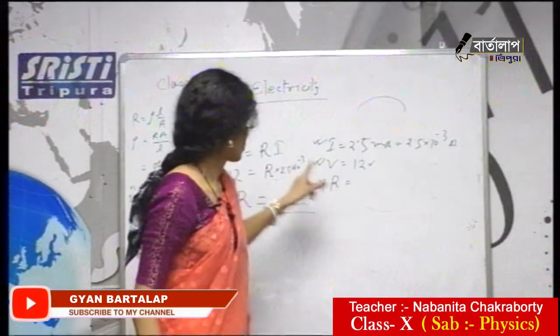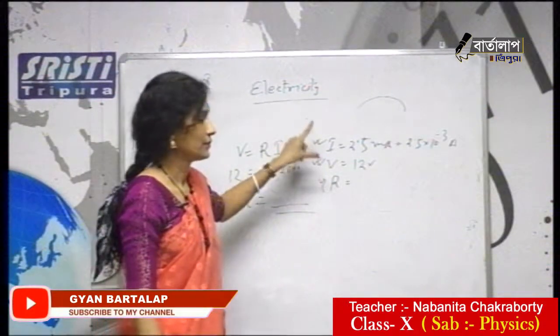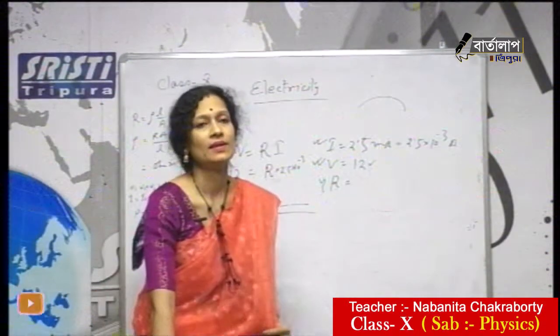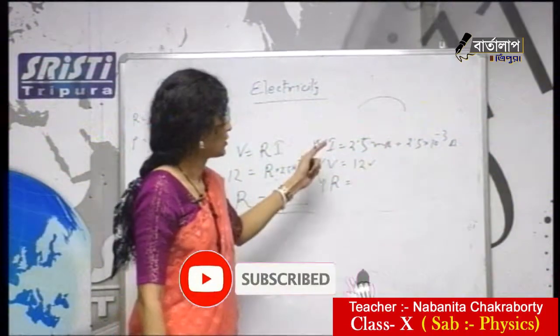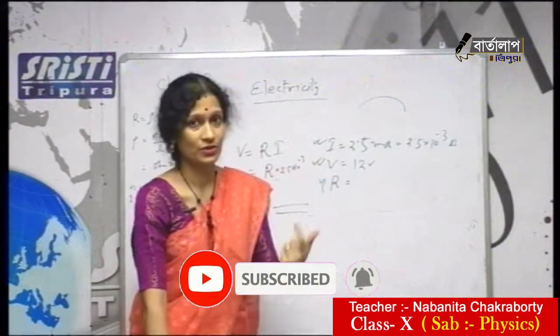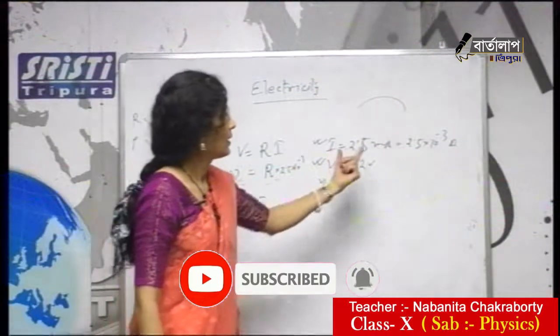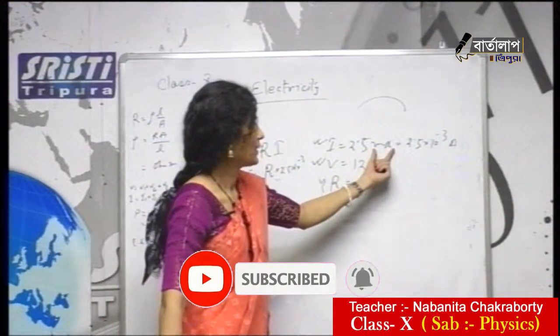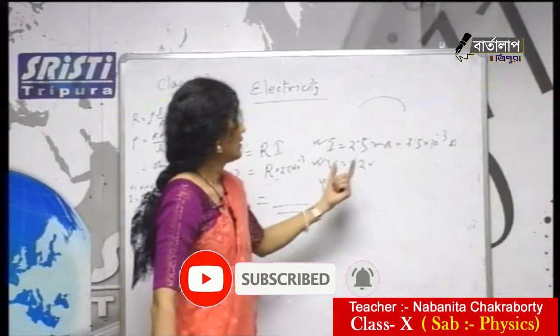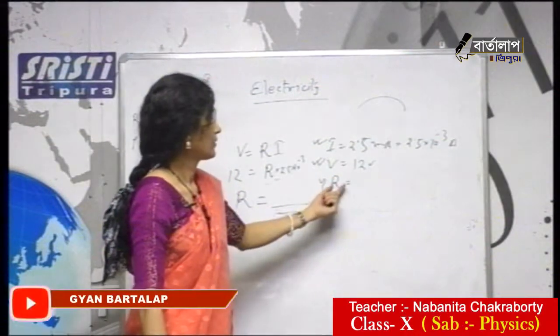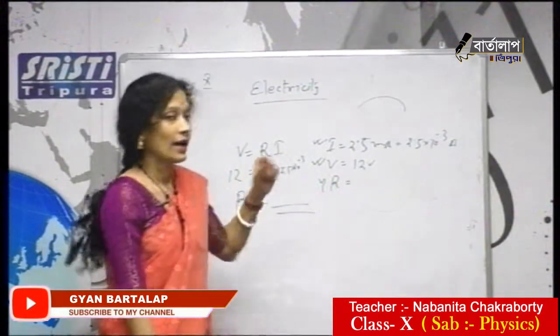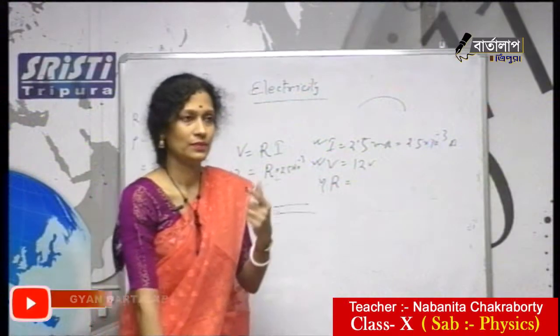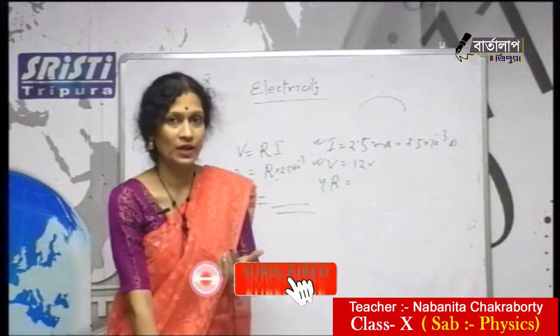So in that way, to solve numerical examples, it is very important to change the unit first to the SI system. If it is in milliampere, then you have to change it to ampere. The voltage is also given, and the resistance you have to find. After that, you find on which formula it is based.